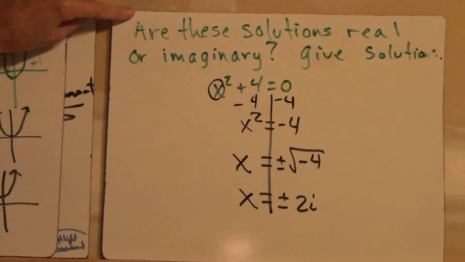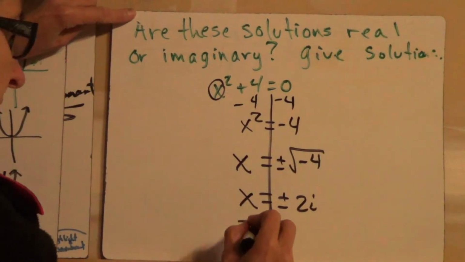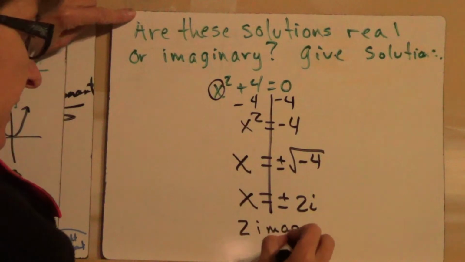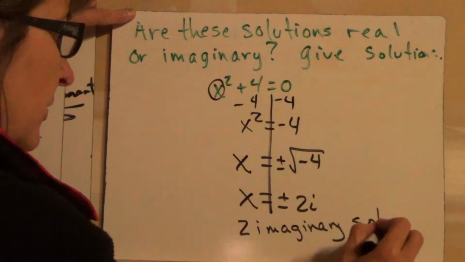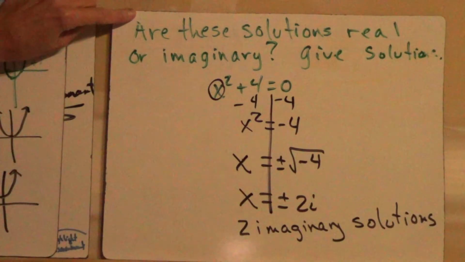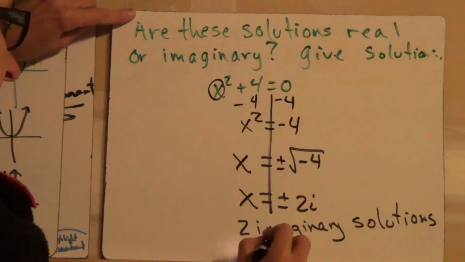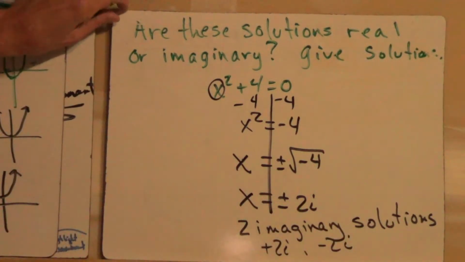And now I would write down, these are 2 imaginary solutions. It's a positive 2i and a negative 2i. Okay?